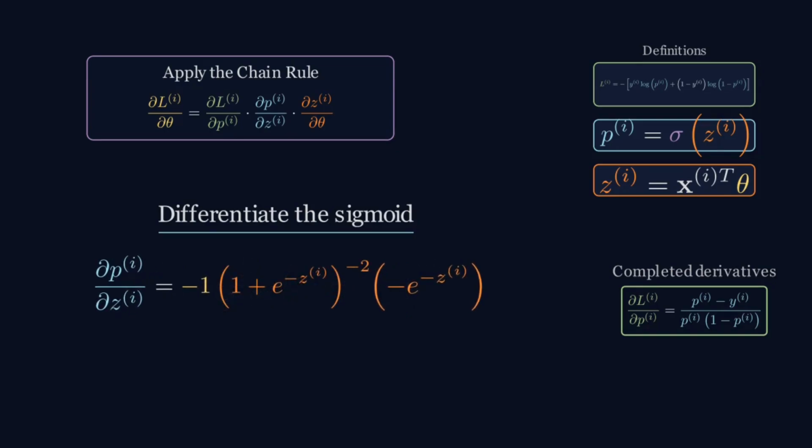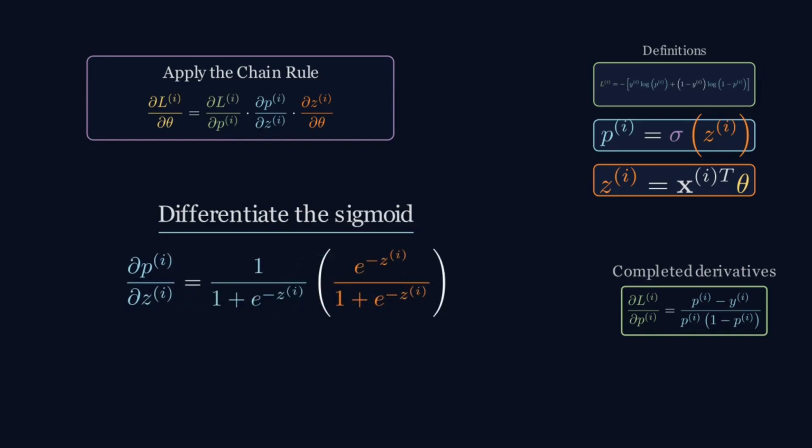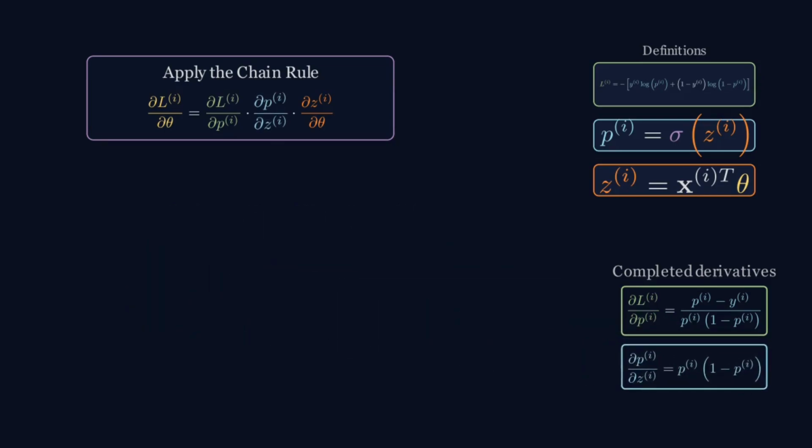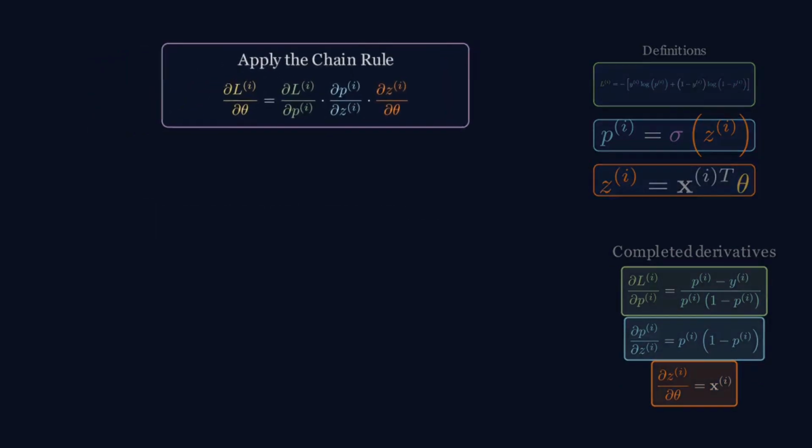The minus 1 comes down, the 1 plus e to the power of minus z is to the power of minus 2 now, and the derivative of the inner function is minus e to the power of minus z. So after simplification, you're going to get e to the power of minus z over 1 plus e to the power of minus z squared, which can also be written as p times 1 minus p. And now finally, dzi by d theta is just x.